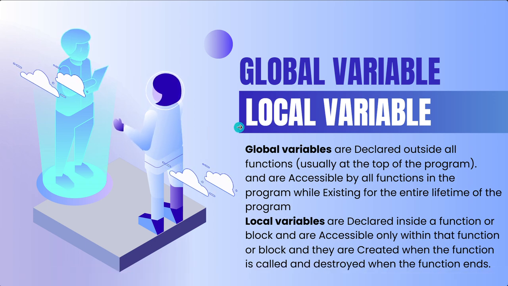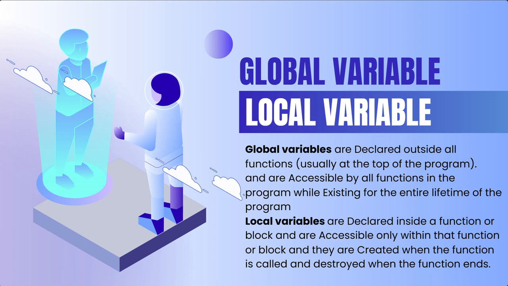Coming to an important point: if a global variable and a local variable have the same name inside a particular function, like max equals something, and then inside the function you have taken max as a different value, the local variable will have higher precedence compared to the global variable inside that particular function only.